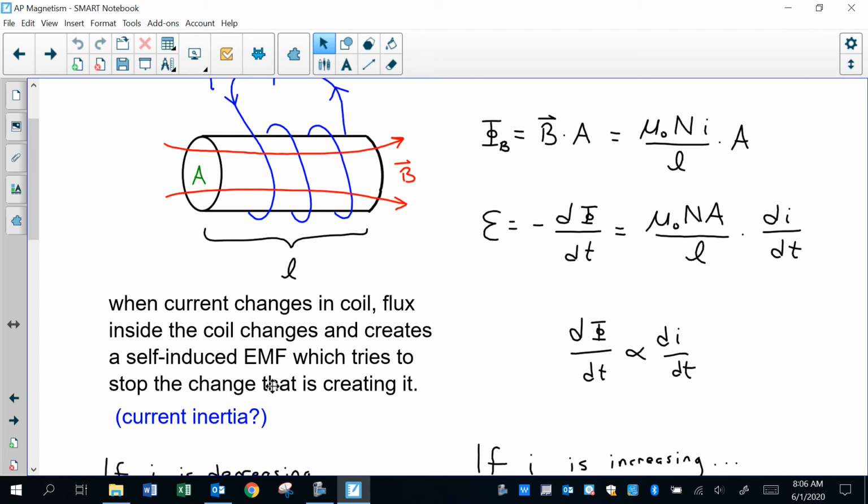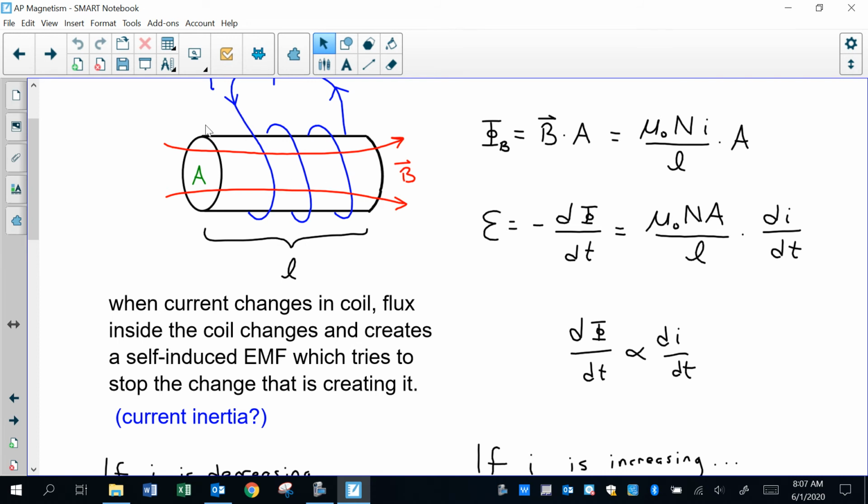We can use the right-hand rule to figure out which direction our EMF is going to point compared to what direction our current is. And one way to think of this is current inertia. So basically, our induced EMF right here is simply going to oppose the change.